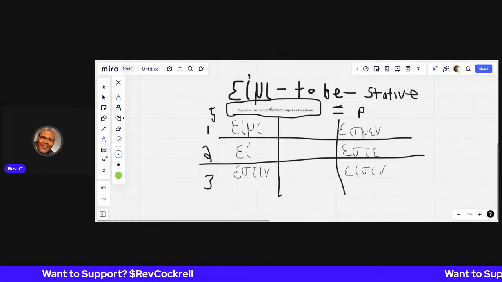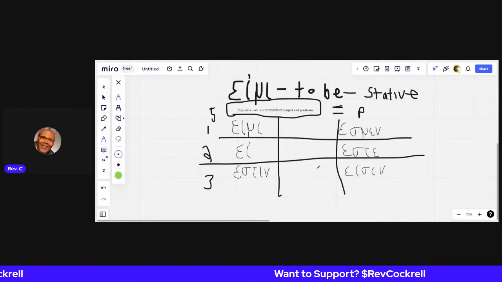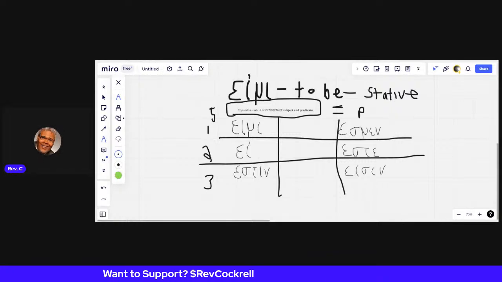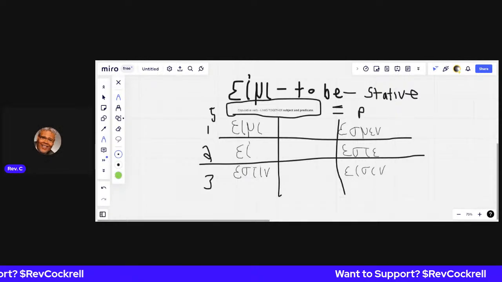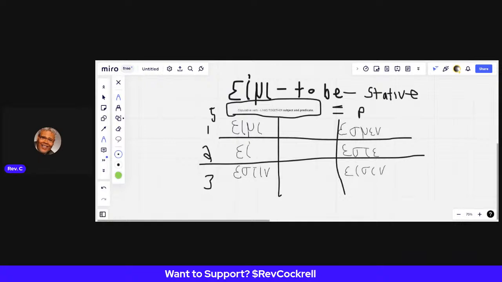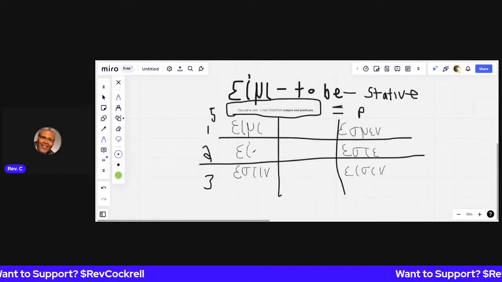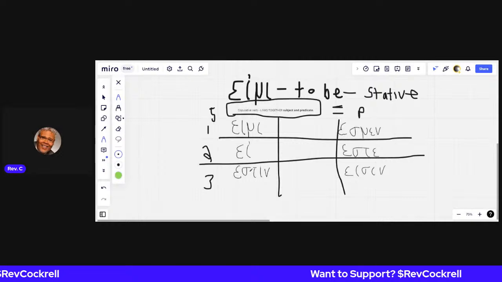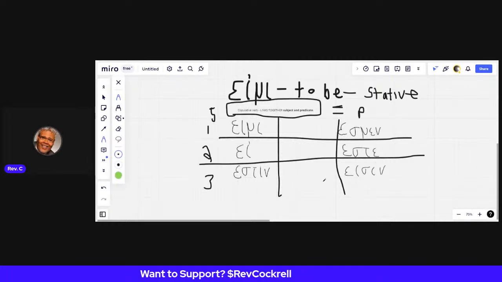And this is very important. This is another one that you will want to memorize because you're going to see this pop up a lot in the Greek New Testament. So, a me is I am. A, you are. Estin, he, she, or it is.